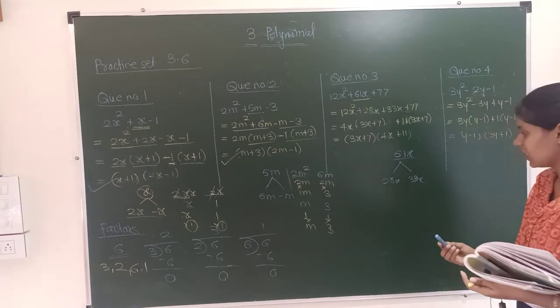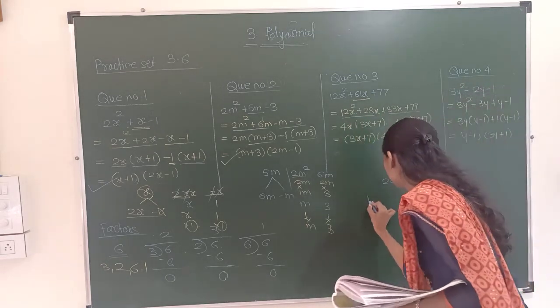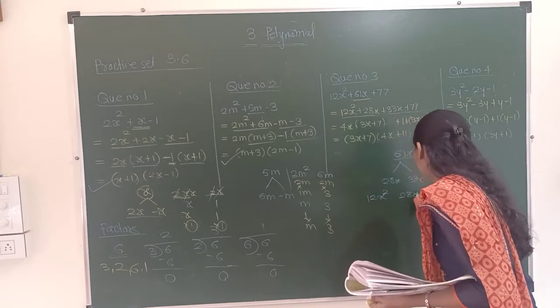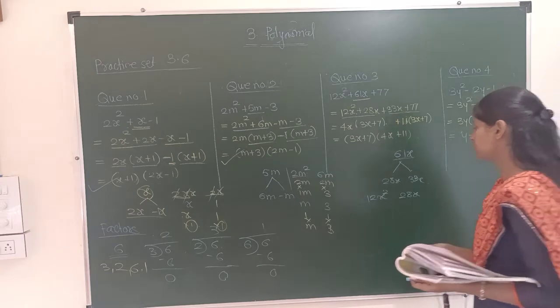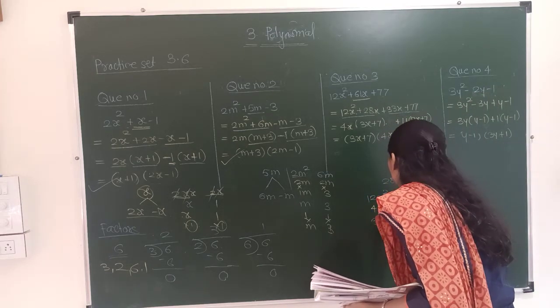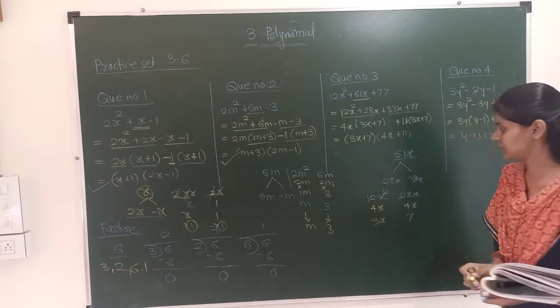Now we have to take common factors. So consider these two terms and these two terms. 12x raised to 2 and 28x. Suppose we take common 4x, then what will remain? 3x. Here we take 4x, then it will remain 7.